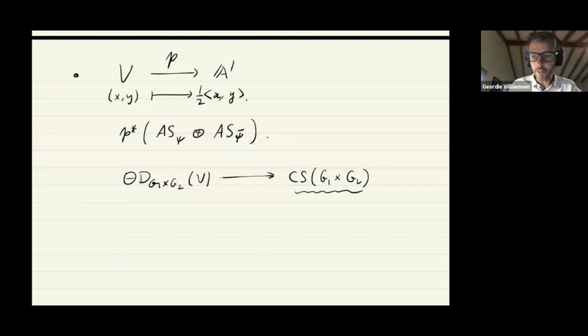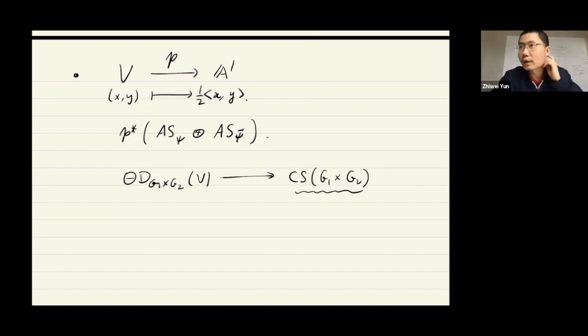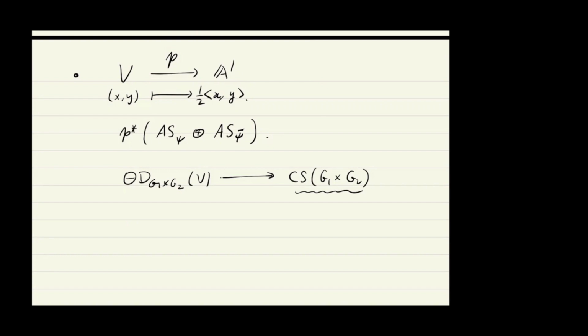Tiep also had a question. Oh yeah, so in the linear case, do you think that the commutativity of the End of G1 times G2 of the Weil representation holds? Sorry, can you say it again? Do you have multiplicity 1 in the GL case?